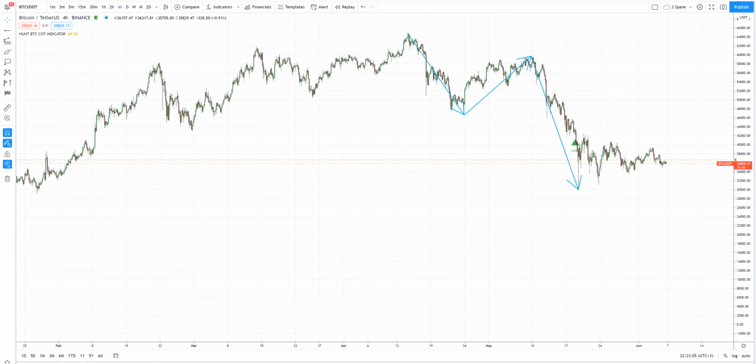So let's just label this nicely for you. So AB, I'm no master of Elliott, by the way, but I do respect it because it does have some interesting concepts and principles of some use.